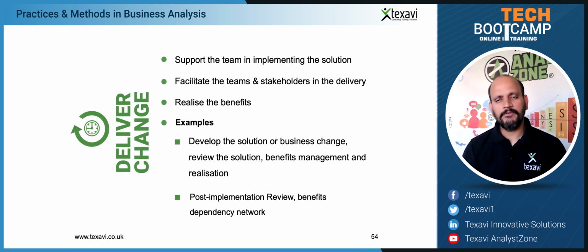We identify the benefits that have accrued, whether monetary or through increased satisfaction. Has it contributed to the original objective of the project? Did it cut the cost or not? How successful was the solution in driving this change? That's what we try to do. We have different tools like the BDN, Benefit Dependency Network, which we're going to discuss next.